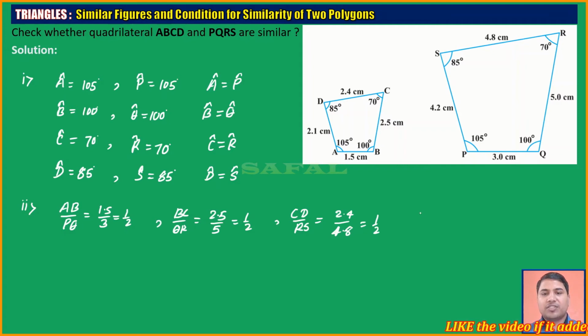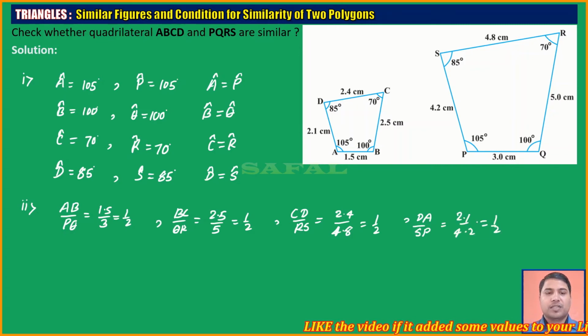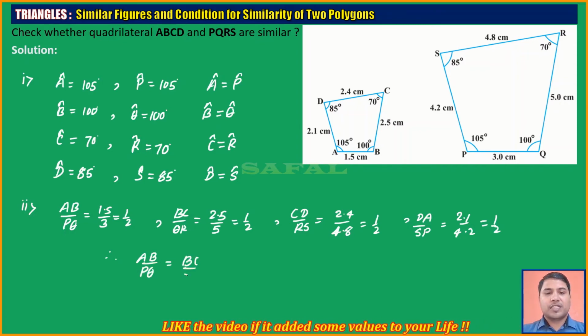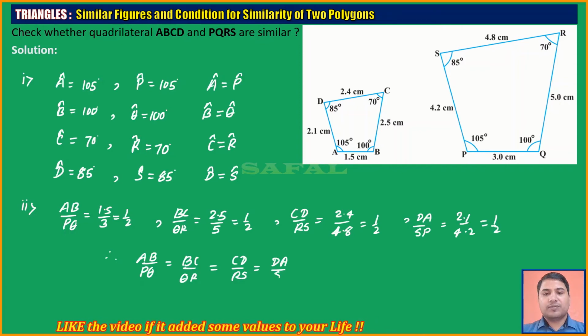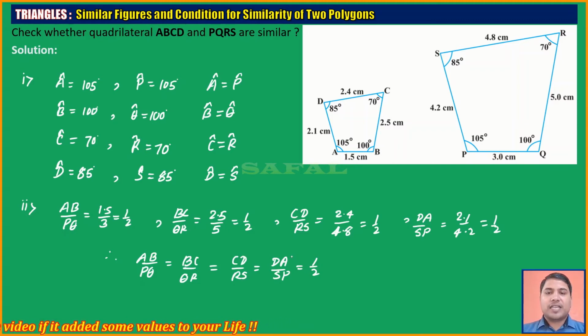And DA by SP is 2.1 by 4.2, which is also 1 by 2. So all the sides are proportional: AB by PQ is the same as BC by QR, the same as CD by RS, the same as DA by SP, all equal to 1 by 2.